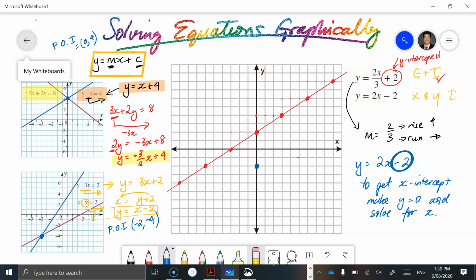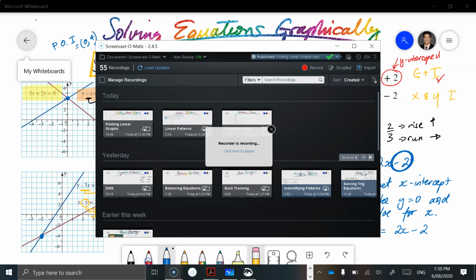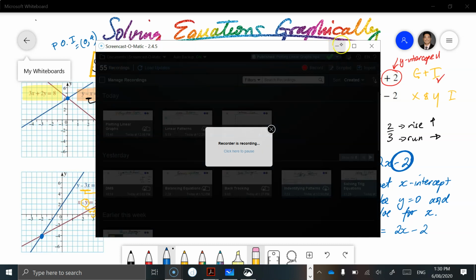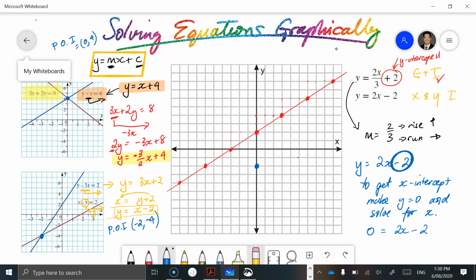So we've got 0 is equal to 2x minus 2. We're going to move the negative 2 across to the left by adding 2. Remember, we're balancing equations here. So we'll end up getting 2x is equal to 2.